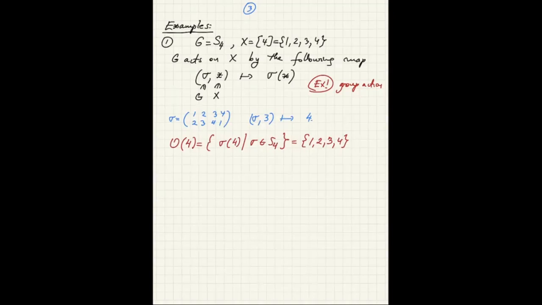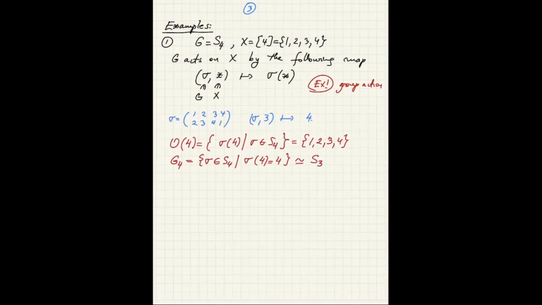And what is, let's say, the stabilizer G_4? So this consists of all the permutations in S4 that fix 4. So these are going to be permutations that permute just the first 3 elements in any possible way, and they leave 4 fixed. So this is a group which is isomorphic to the permutation group on 3 elements, S3.